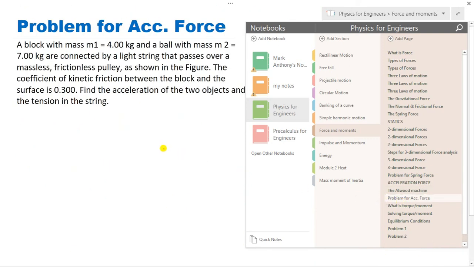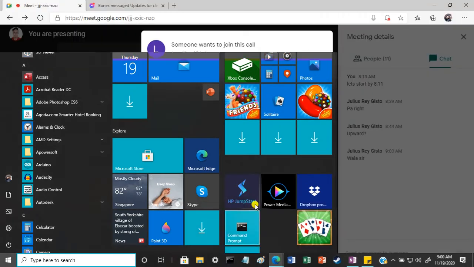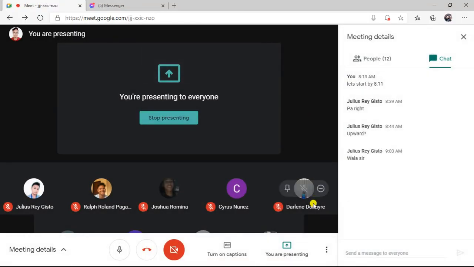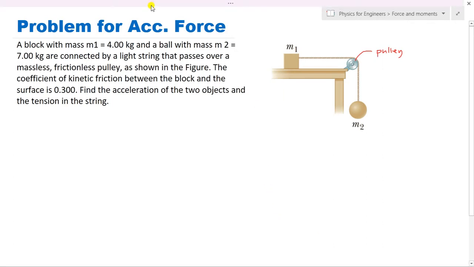The second one is a block with mass 1 equal to 4 kilograms and a ball with mass 2 equal to 7 kilograms, connected by a light string that passes over a massless frictionless pulley. Again, this is the pulley. It is indicated as massless and frictionless so that the acceleration is constant, and the tension does not vary.